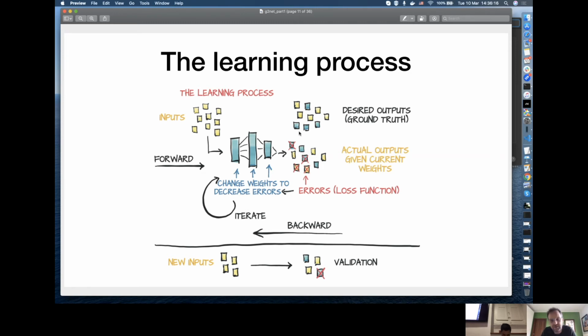Sometimes you don't have the luck of having annotations, and this is something for another time. But in the most common setting, you have the desired output that your neural network is supposed to produce.